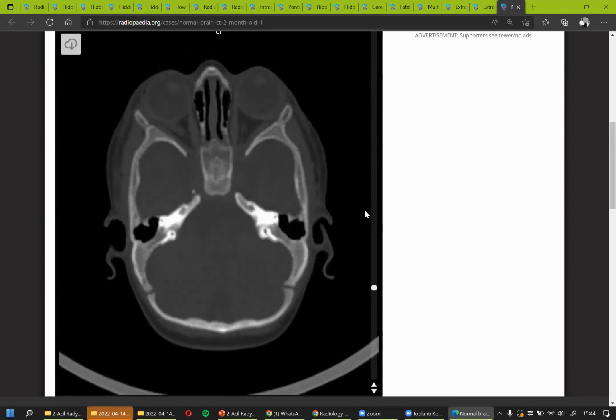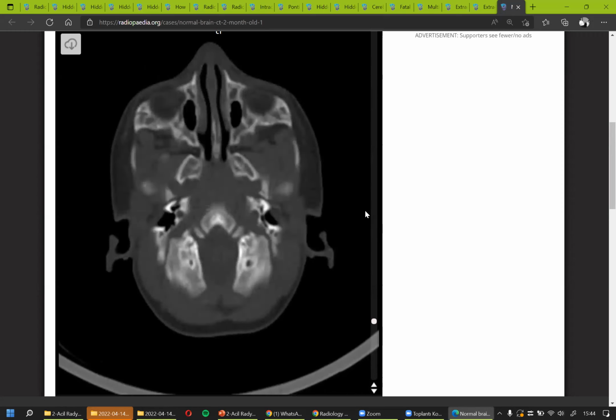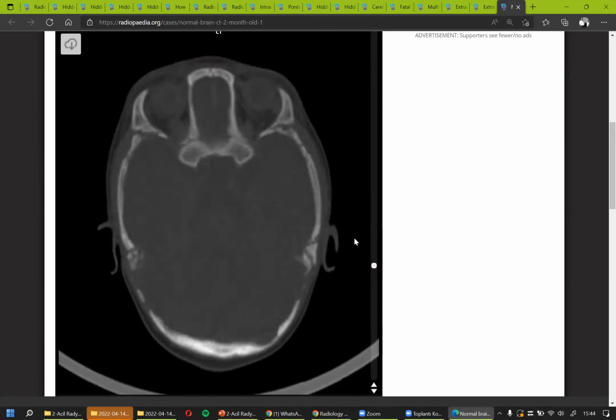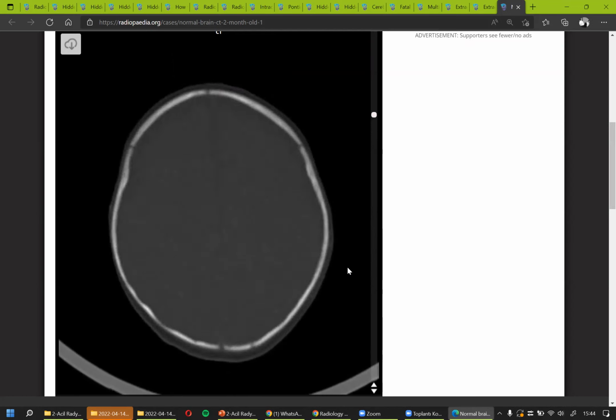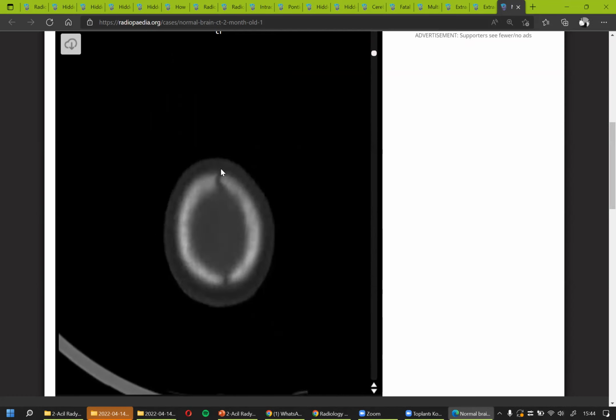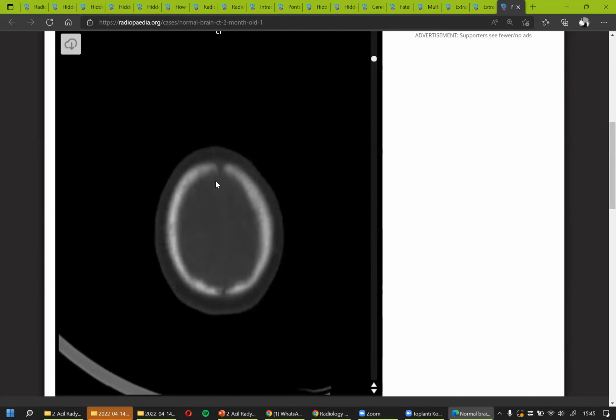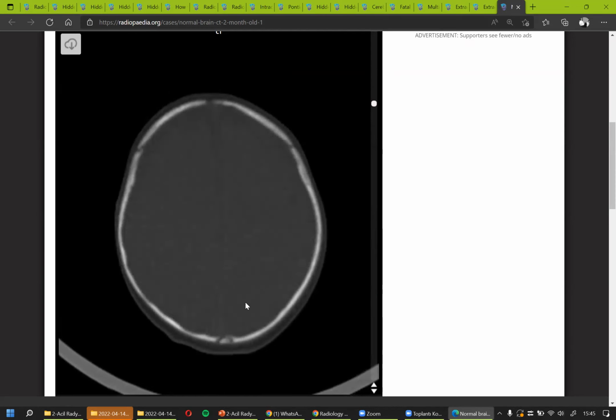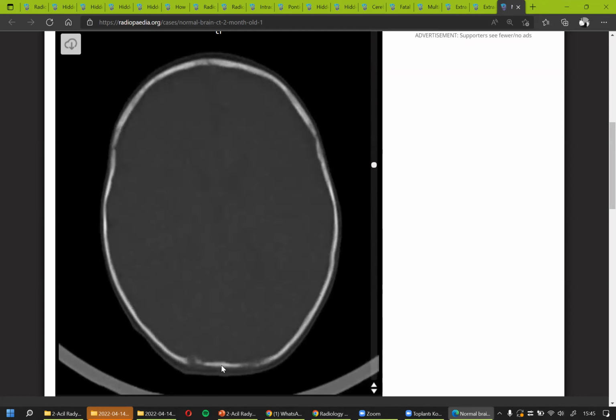So how can I differentiate the sutures from fractures then? Because sometimes small babies can have fractures as well, right? What is the differentiating factor between fractures and sutures? First of all, sutures are in the midline, and they don't diverge, unless in the case of the occipital area.